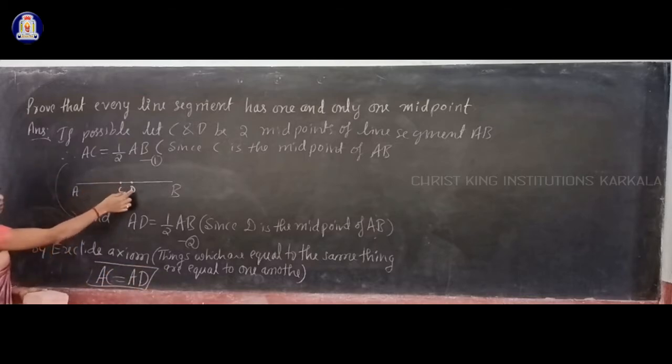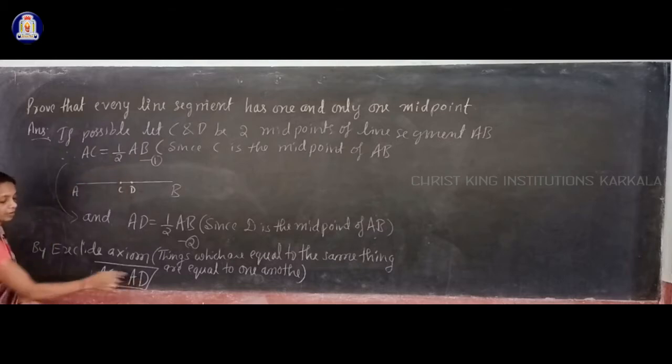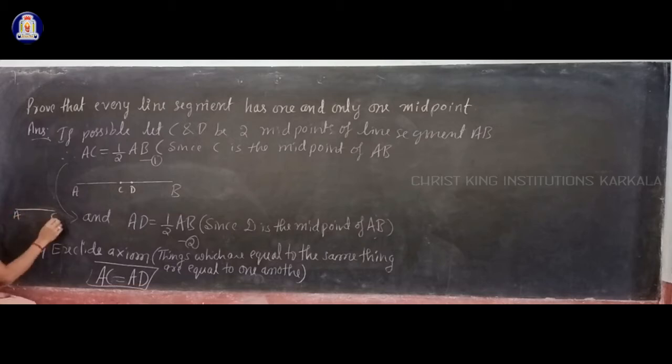So AC is equal to AD. That means this point D should be on the point C. AC line segment and AD line segment are equal to one another. See, AC is like this and AD is equal to AC, which means point C and point D must coincide with each other.